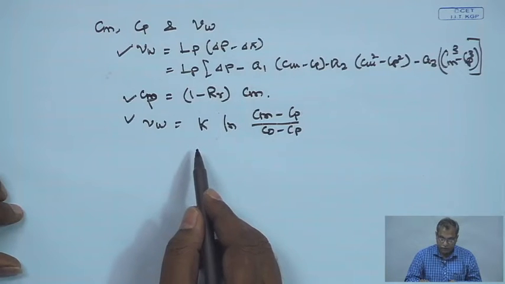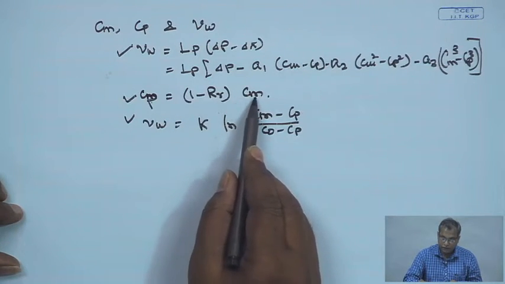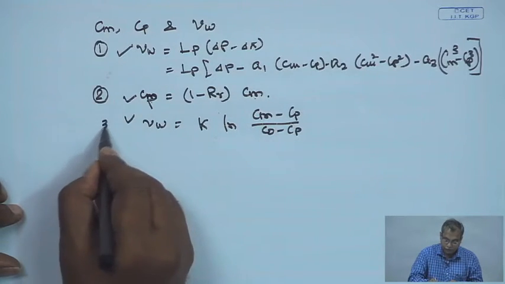Next, I am replacing Cp as a function of Cm in equation 1. Suppose this is equation number 1, this is equation 2, this is equation 3.